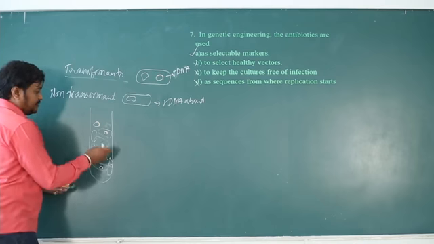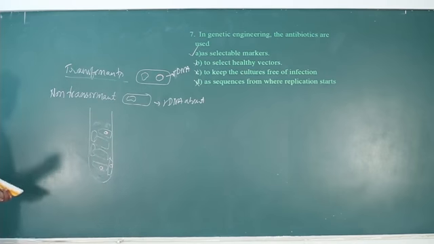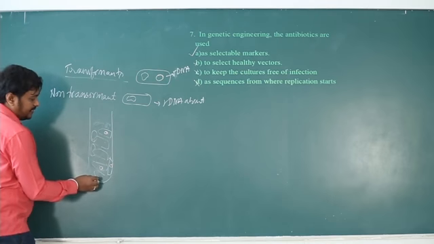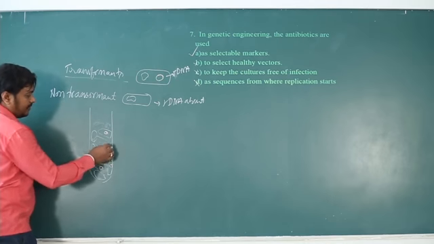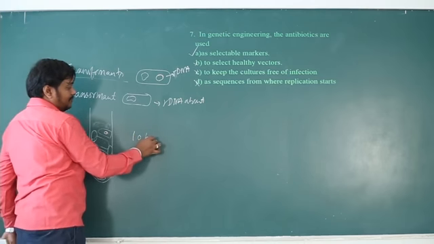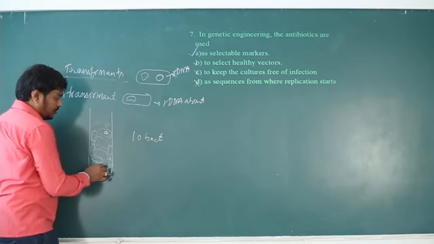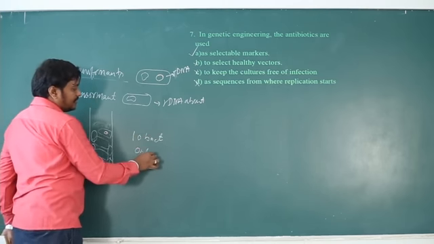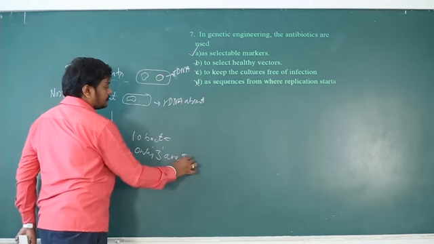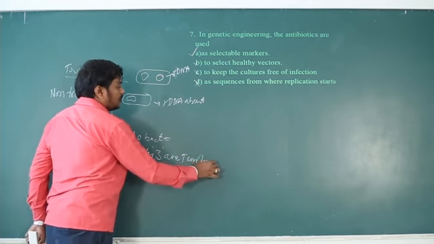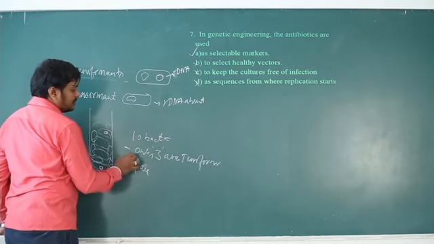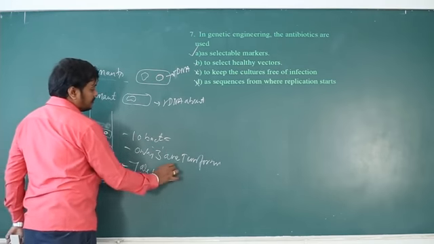See here itself, 1 2 3 4 5 6 7 8 9 10. Among the 10 bacteria, only 3 are transformants, and the remaining 7 are non-transformants.